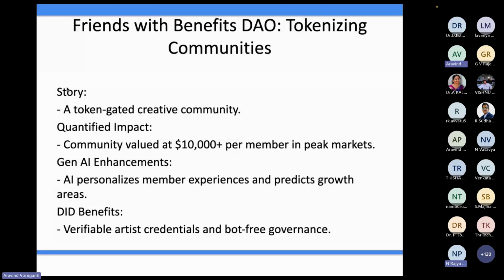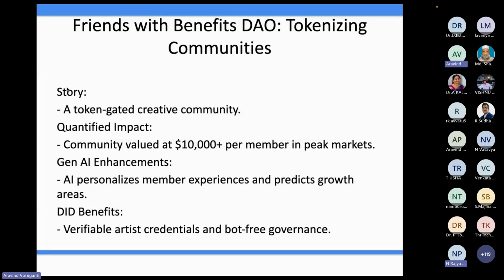So all of these individual artists can come together and create a token gated creative community. That means any of these creators or artists can get access to this DAO only when they have that particular token of the DAO. So that DAO token can be an NFT, or it can be a certain volume of tokens, a minimum number of tokens one has to buy to get into that DAO.